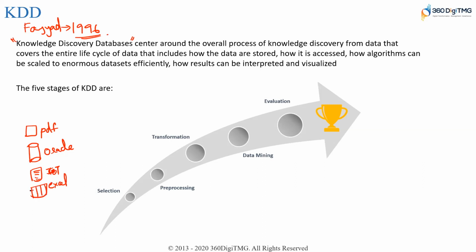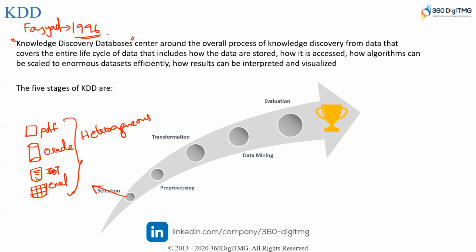The point is you have data coming from various sources. In the step which is selection, we integrate the entire data coming from many possible different sources. And when you have data coming from various sources, it is called what data? Heterogeneous data, right? You have heterogeneous data sources in that case.